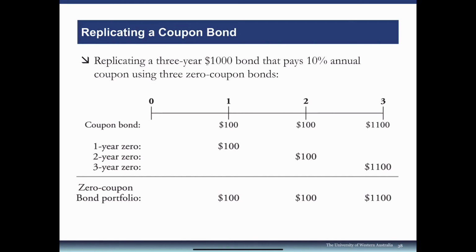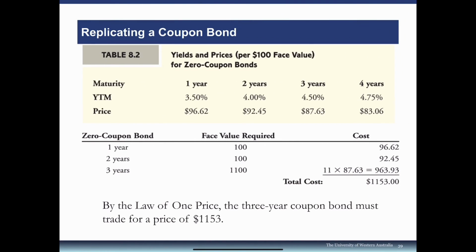And in time three, you get your 100 plus your $1,000 face value. That's just like buying 11 of the 3-year zero bond, because that will give you 11 times 100, 1100, at the end, right? So given that the payout is the same, the price of those two portfolios should be the same. And this is what we call replicating, because we're replicating the payout, right?